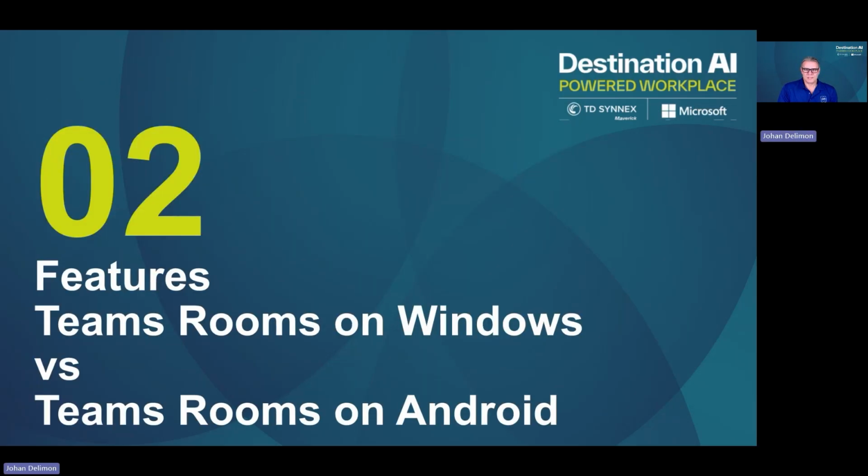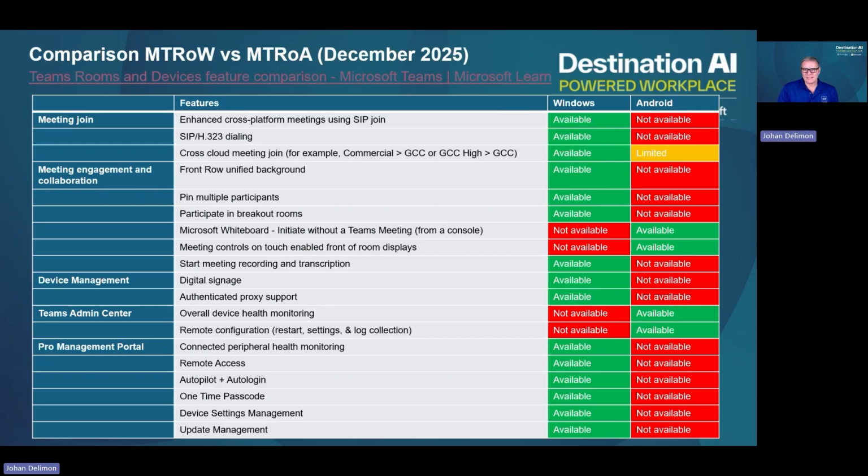So let's dive into the feature differences between the rooms on Windows versus the rooms on Android. There is a link where you can find the Microsoft information, but I tried to condense it into one table here, especially the features that are different, like not available on both platforms. Where do the platforms differ from each other?